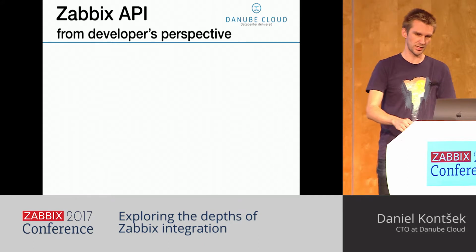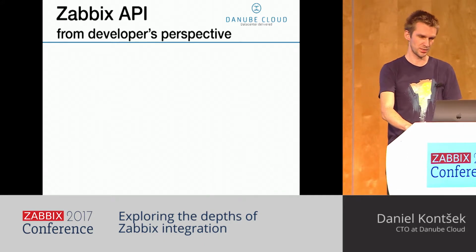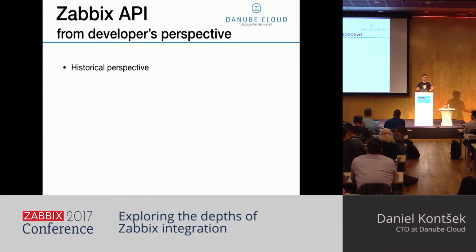If you do something like this, you will use the Zabbix API, and let's talk about the Zabbix API from my perspective as a developer. You can clearly see the historical development in the API inside Zabbix.